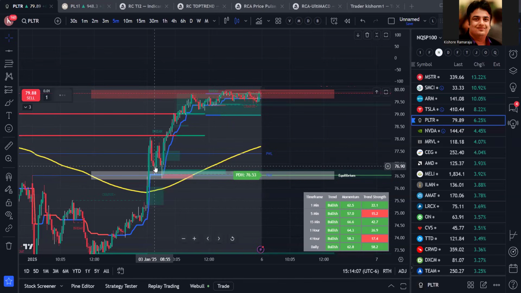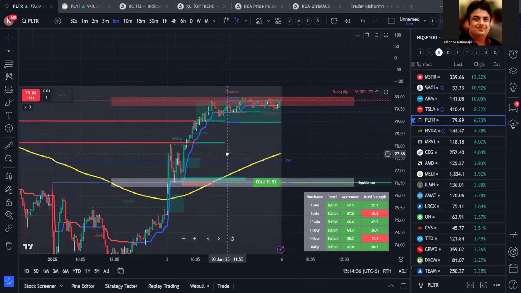At that point, if you want to know whether to buy stocks or calls, you can see the table. This table shows whether the trend is bullish or not, whether there is momentum in the trend, and whether there is strength in the trend. If most of it is looking green, then it is very bullish. Buyers are in control, and you can go ahead and take the long position. Whenever you get a pullback, that is a good opportunity to go long.